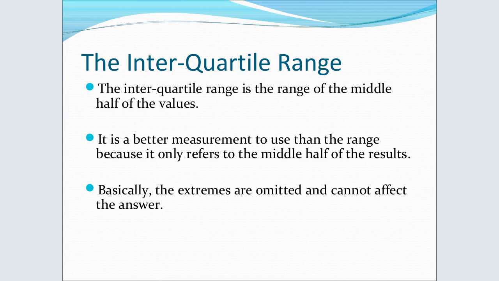And wherever we are given ungrouped data, Q1 is going to be given by n plus 1 divided by 4. So this is the case where we are given ungrouped data.